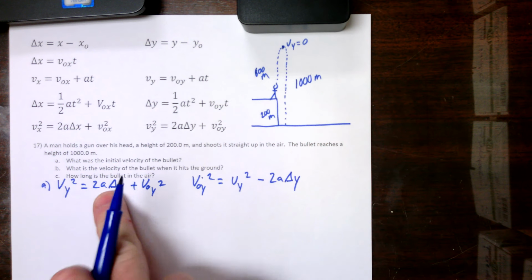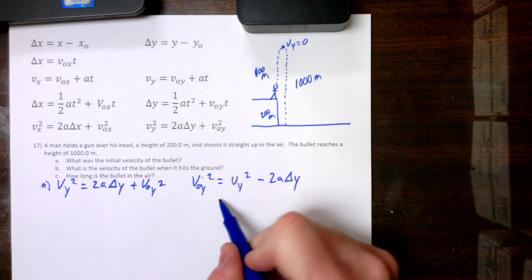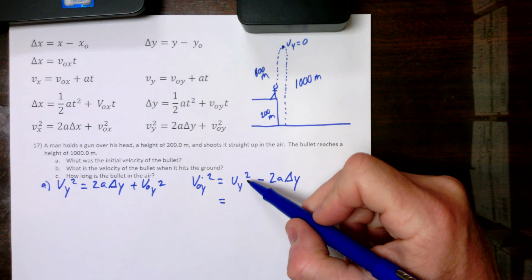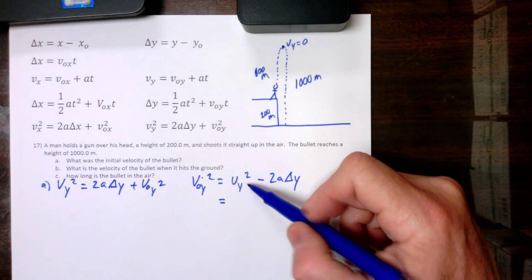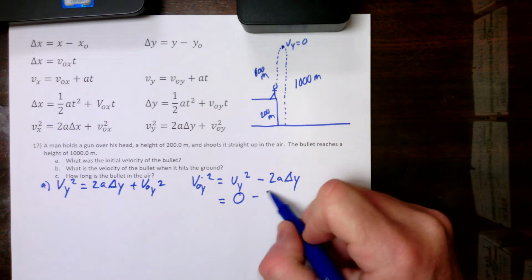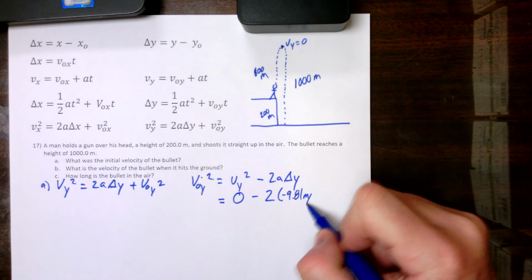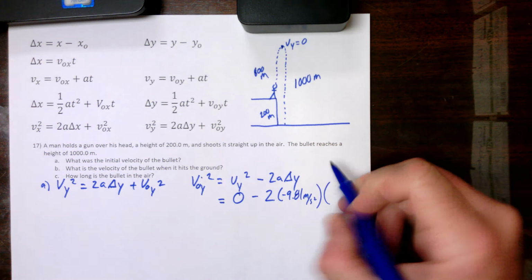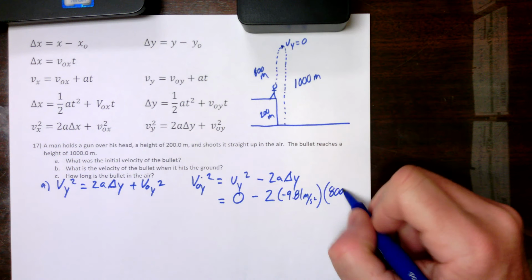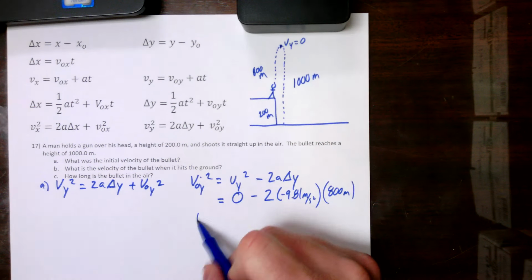All I did was move this stuff over to this side to get the variable I want by itself. Okay. What y velocity am I talking about? The 0 at the highest point. How much did the y change? 800 meters.